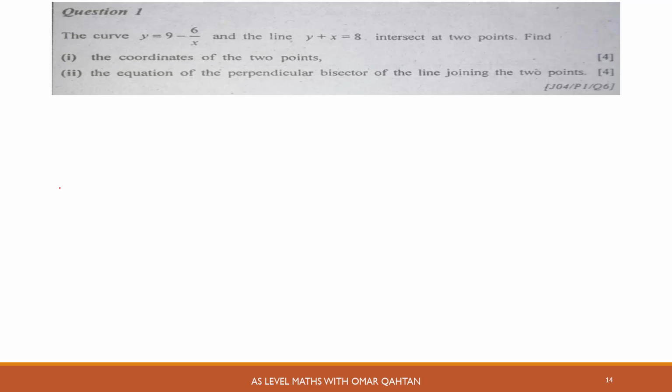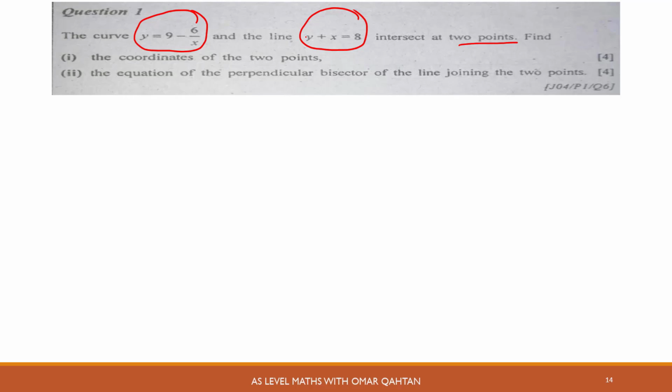Alright, in this question, the curve y equals 9 minus 6 upon x and the line y plus x equals 8 intersect at 2 points. Find the coordinates of the 2 points. This question seems pretty simple because a line and the curve are intersecting with each other, and we just have to look for the point of intersection.